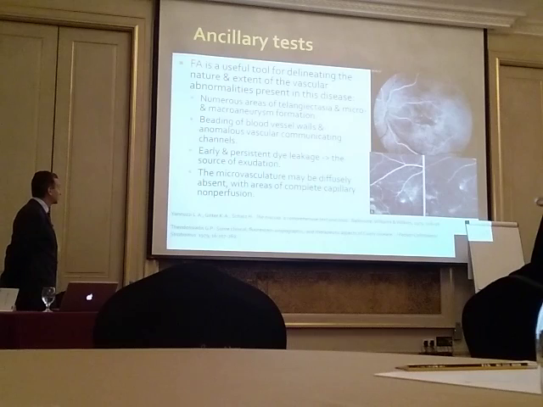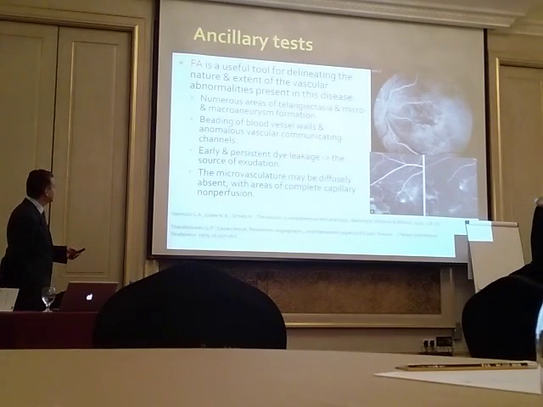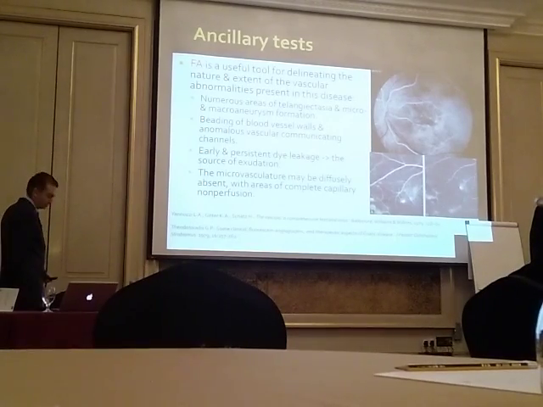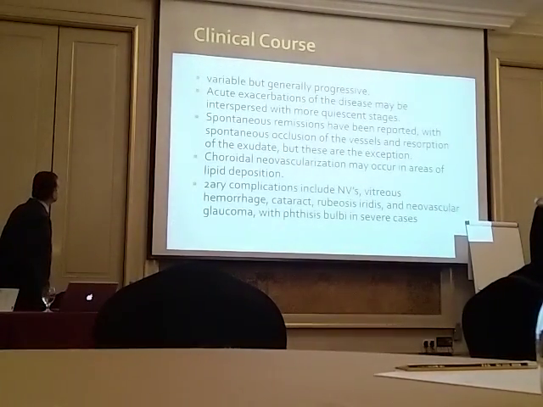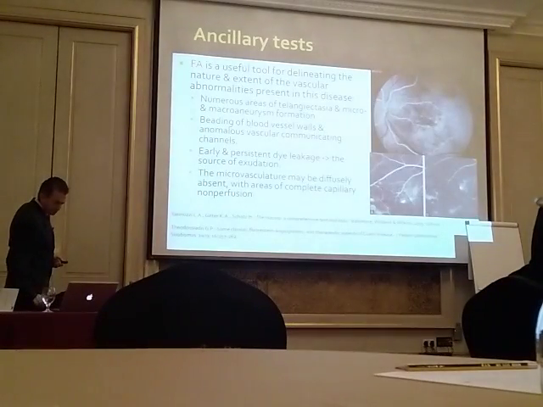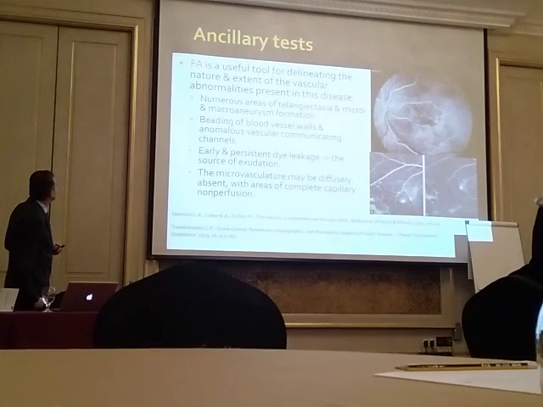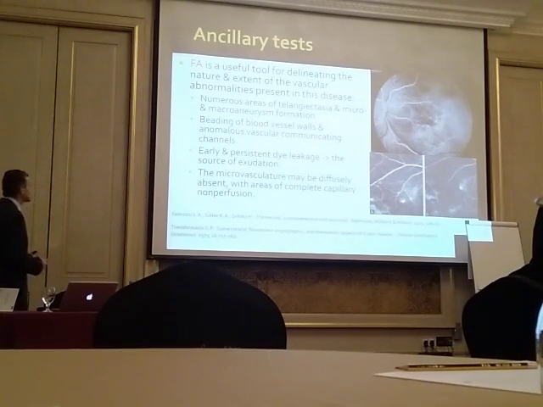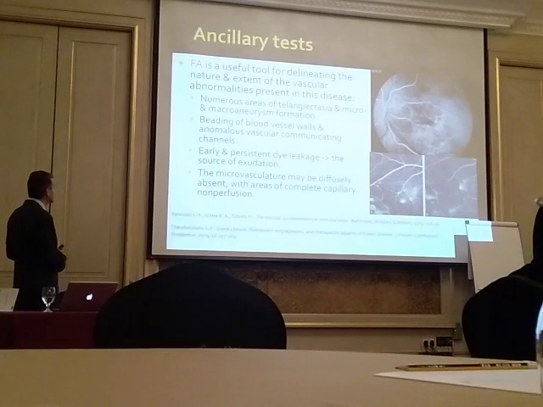You also have venous beading, and you might have, as I said, early and persistent dye leakage, which is the source of exudation, and you might have complete capillary dropout with areas of complete capillary non-perfusion.